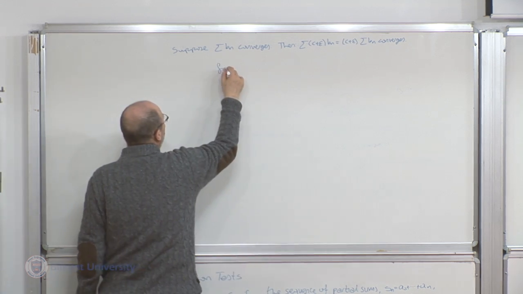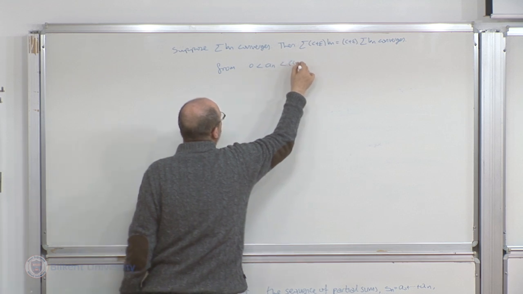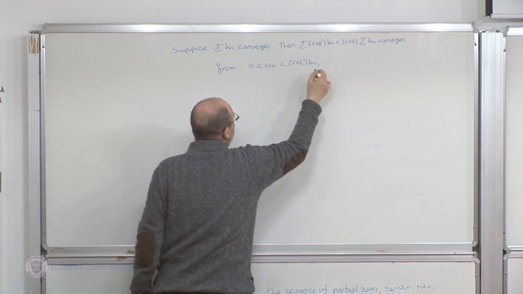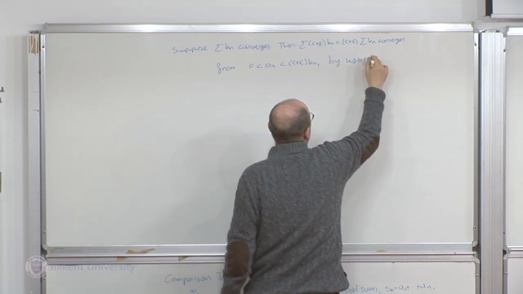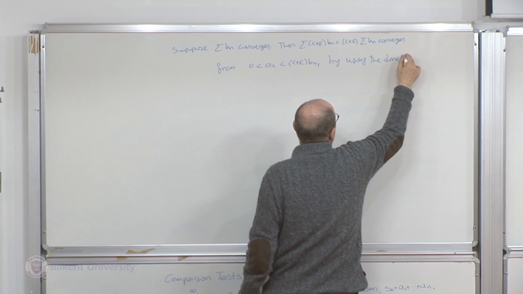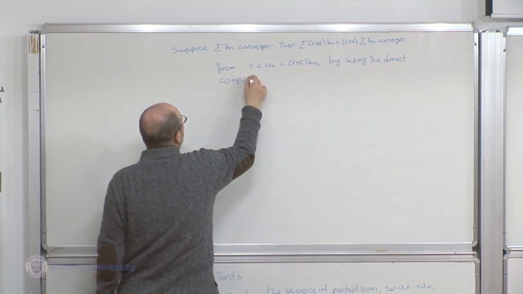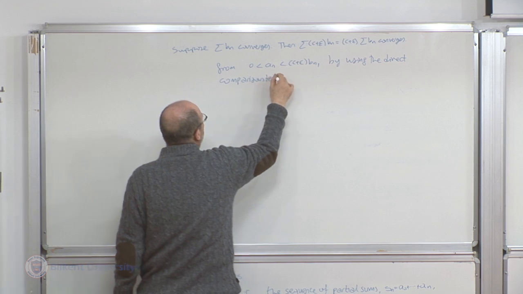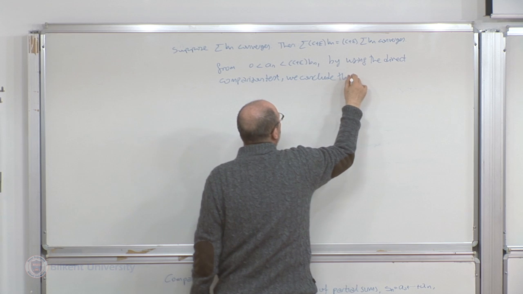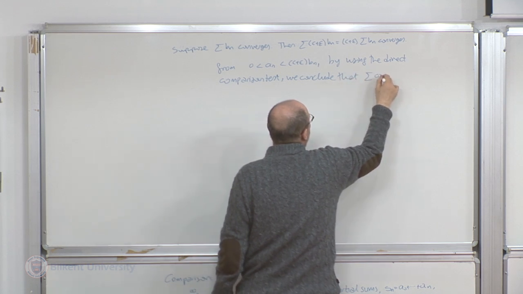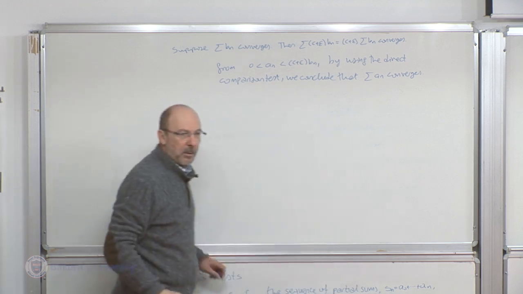And from An less than C plus epsilon Bn, by using the direct comparison test, we conclude summation An converges.